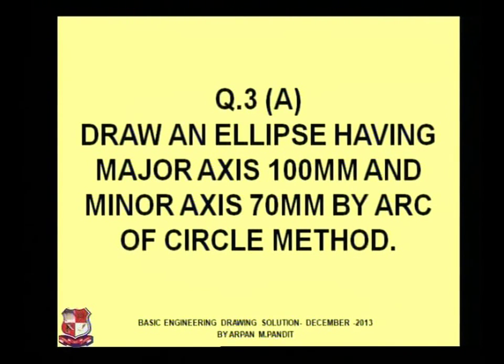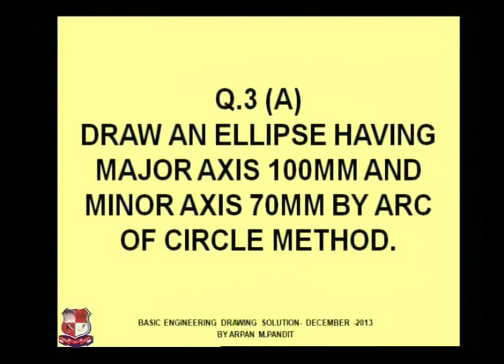When we are talking about an ellipse, it is first necessary to have a look at its terminology, how an ellipse looks. So first we will see the ellipse terminology, then the different methods we can use to draw an ellipse, and then we will proceed to draw the ellipse using the arc of circle method.